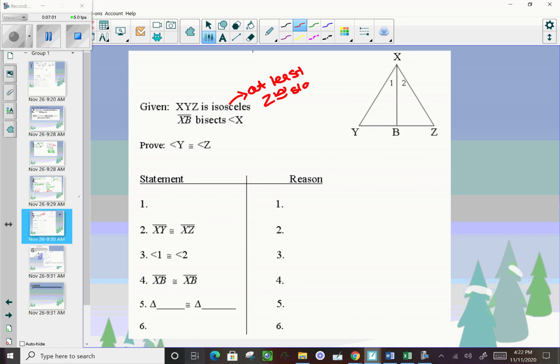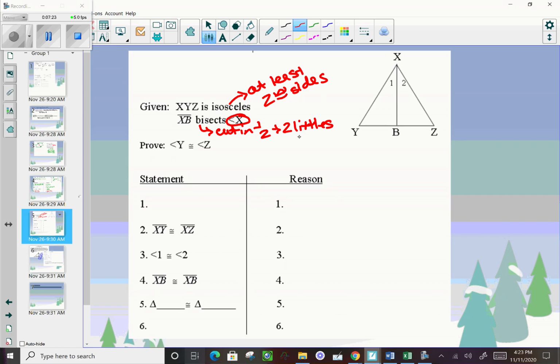So somewhere in here, I'm going to guess I see something about the sides of triangle XYZ being equal. And bisects means to cut in half. Now I'm cutting an angle in half. So when you cut an angle in half, you should get back two little angles.